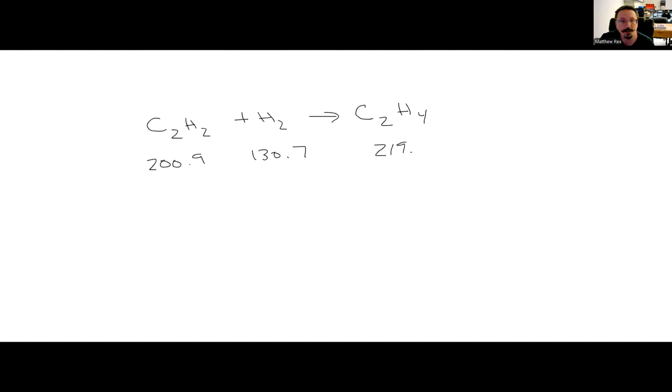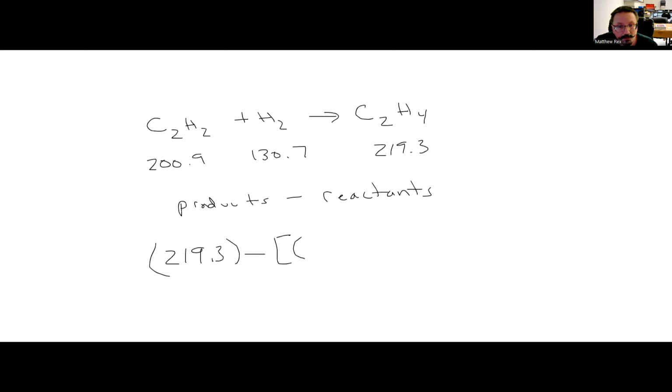219.3, and I'm just going to do the summation of the products minus the reactants. And in this case, all the coefficients are 1. So I'd have 1 times 219.3, that's my products, minus my reactants, C2H2 times 1 plus my H2 130.7, and there's only one of those.